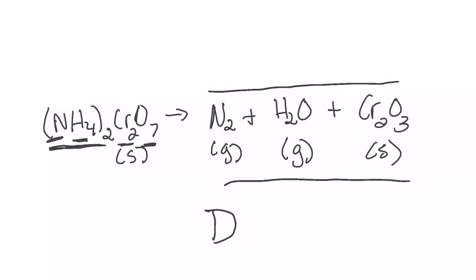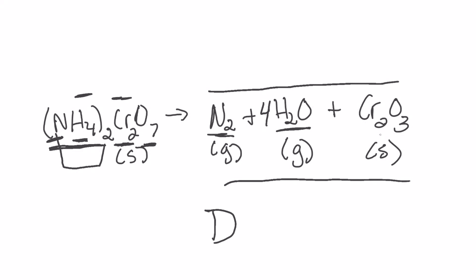So I'm going to count again, but this time not the ions, but the individual elements. So on this side, I have 2 nitrogens, and I have 2 nitrogens on the right side. I have 4 times 2 or 8 hydrogens on this side, and I only have 2 here. So I need to put a 4 in front because 4 times 2 gives me 8. So I'm good with hydrogen. I have 2 chromiums right here.